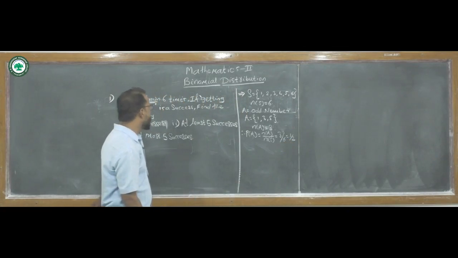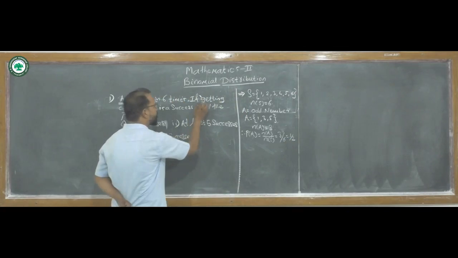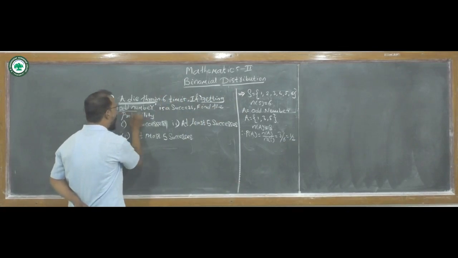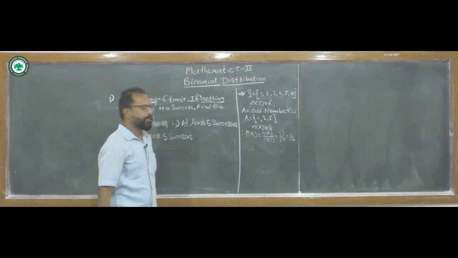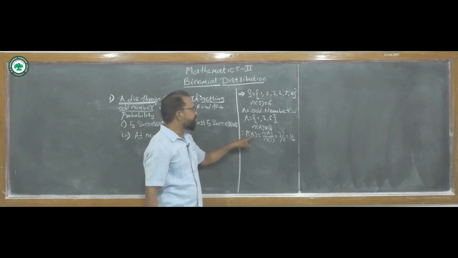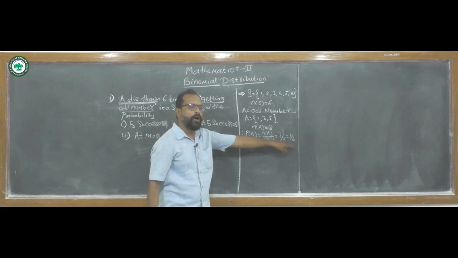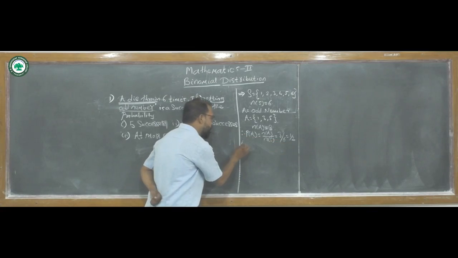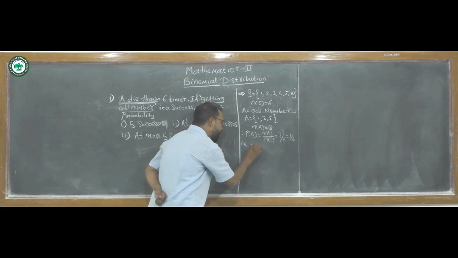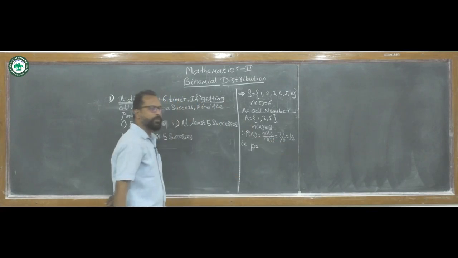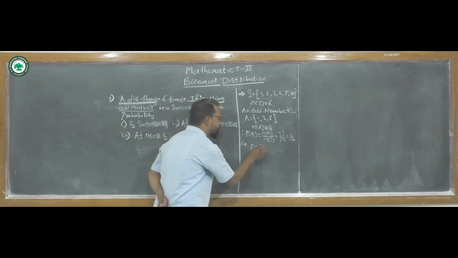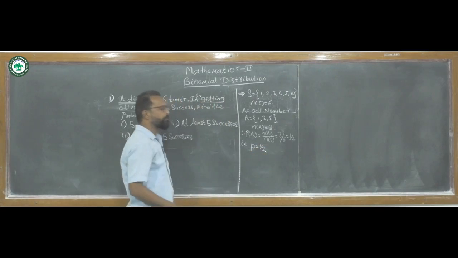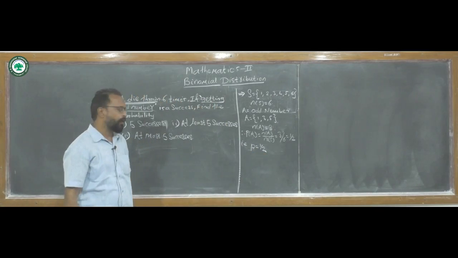And we define that getting an odd number is a success, and here we find the probability of getting an odd number is 1/2. We define the probability of success by small p, so we get p equals 1/2.